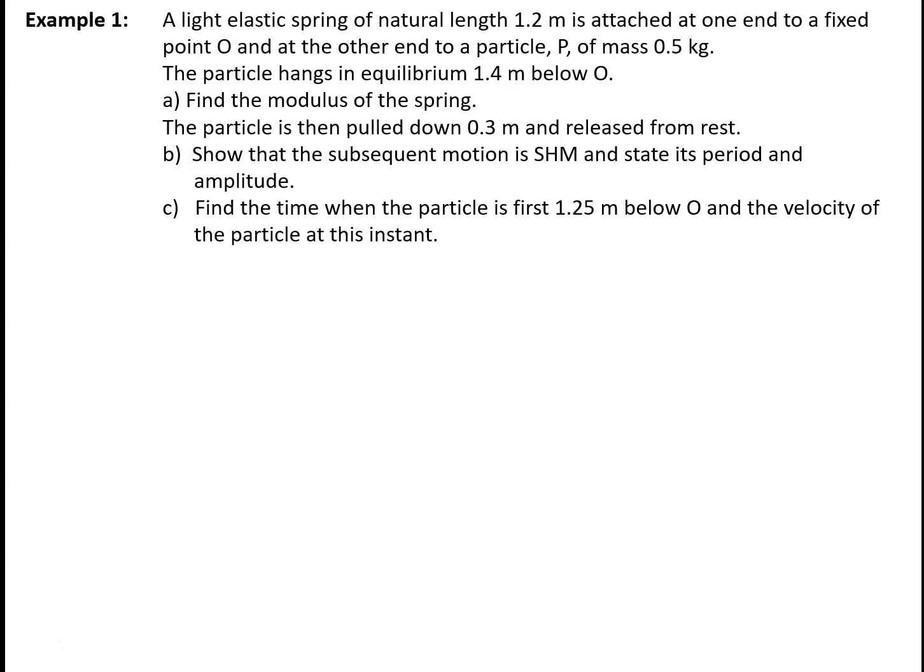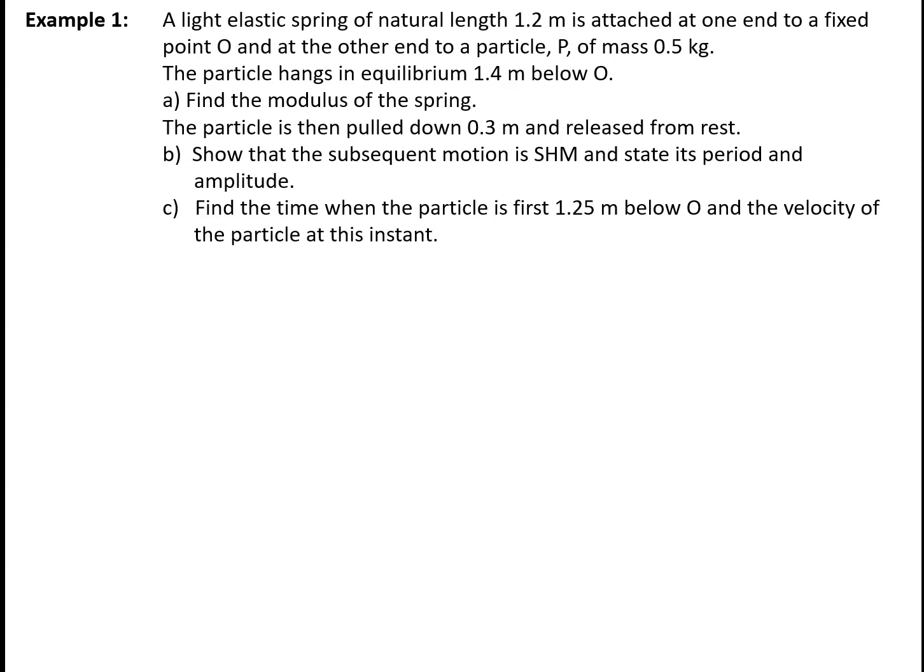The particle is then pulled 0.3 meters down from the equilibrium position and released from rest. We have to show the subsequent motion is SHM and find its period and amplitude. And we have to find the time when the particle is first 1.25 meters below O, and the velocity of the particle at that particular instant.